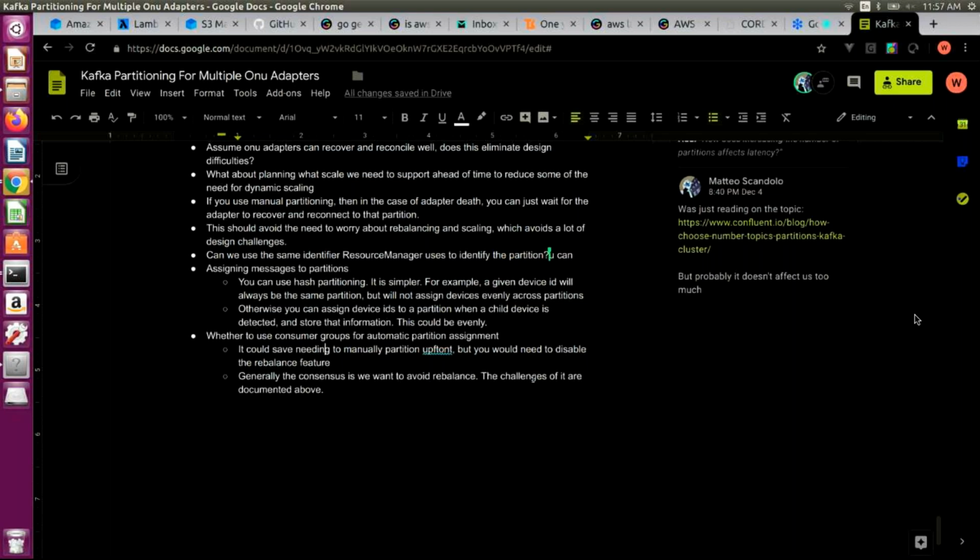Once that's done, then it's the question of when the adapter comes back up and it reads from open OMCI's recovered database, getting the adapter itself started back up to use the data that was stored. So same concept, but just a completely different storage mechanism. Storage algorithm, yes, being the open OMCI library versus resource manager. Okay, got it.